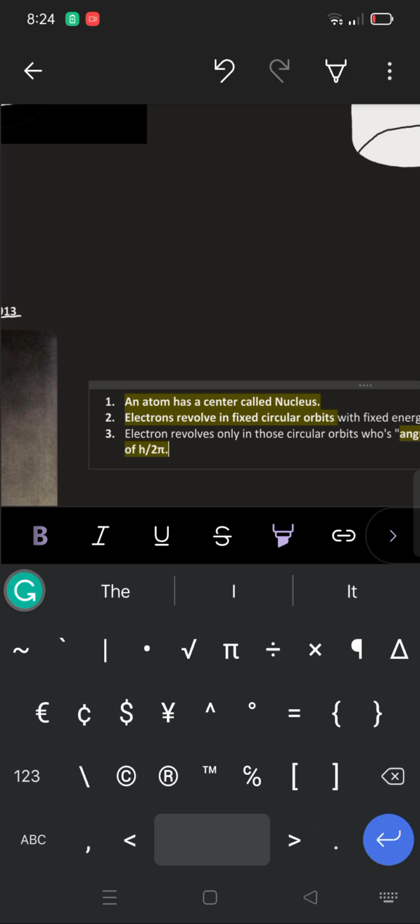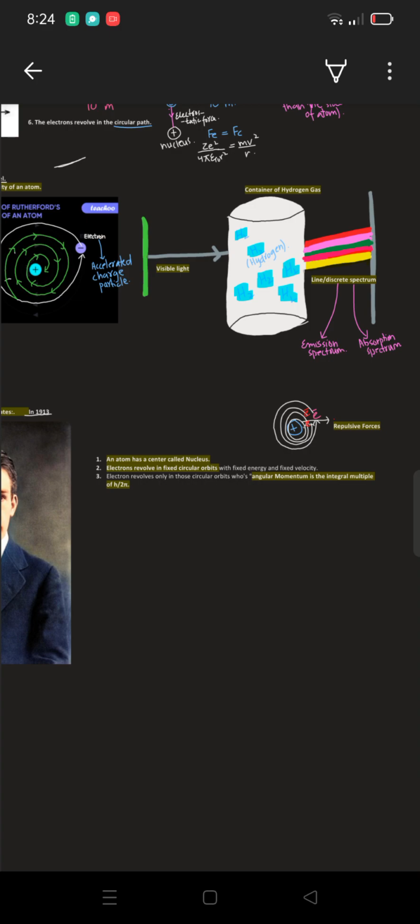That means electrons will only revolve in those orbits whose angular momentum is the integral multiple of h by 2 pi, right?